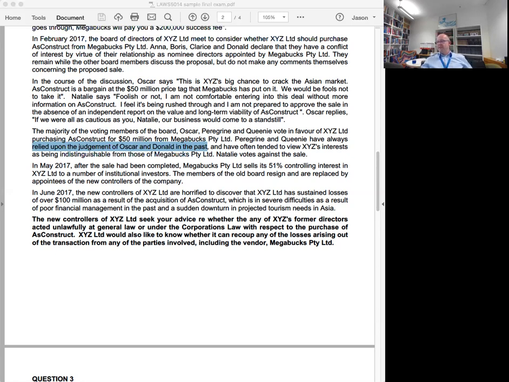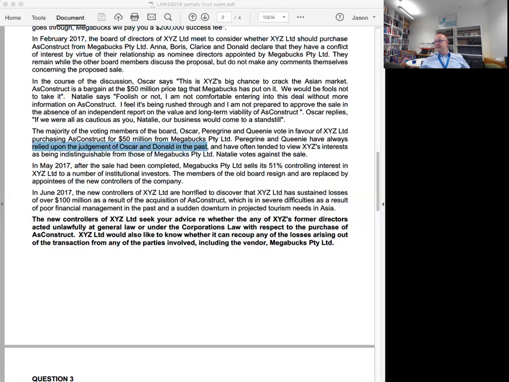So again, relying on Oscar. So this is 189 I'm reading from. Reliance was made in good faith after making an independent assessment of the information or advice, having regard to the director's knowledge, complexity, structure, nature of the corporation, and the reasonableness of the reliance is brought up.